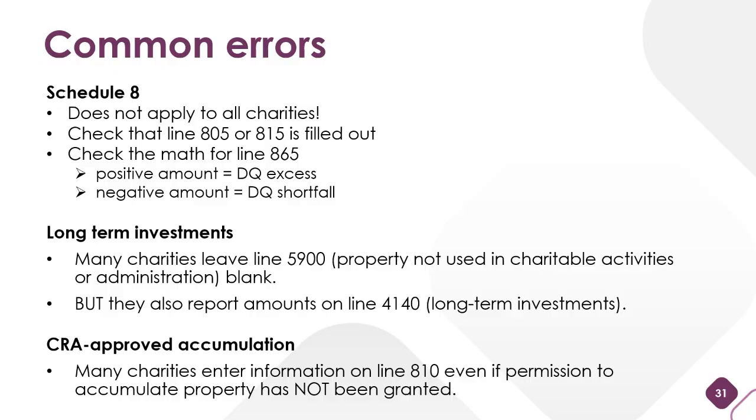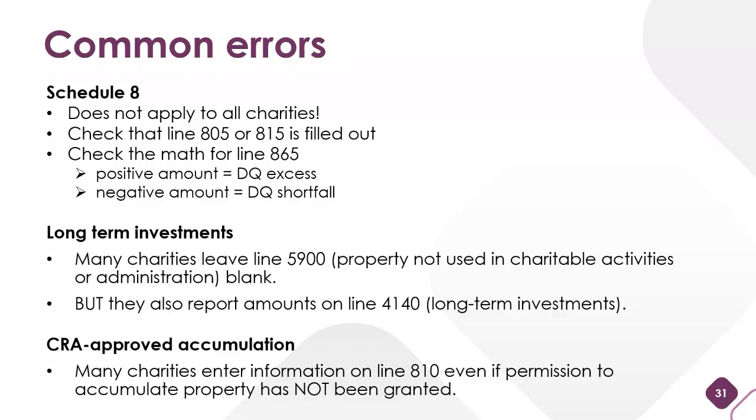Next, many charities leave line 5900, property not used in charitable activities or administration, blank. But they also report amounts on line 4140, long-term investments. Long-term investments are considered property not used in charitable activities or administration.